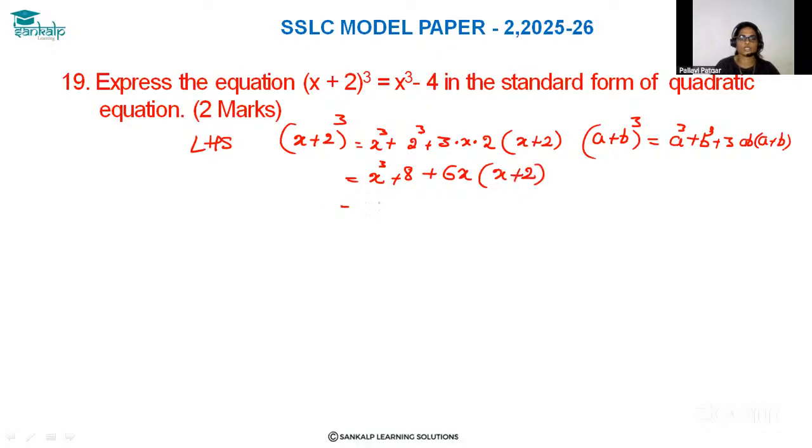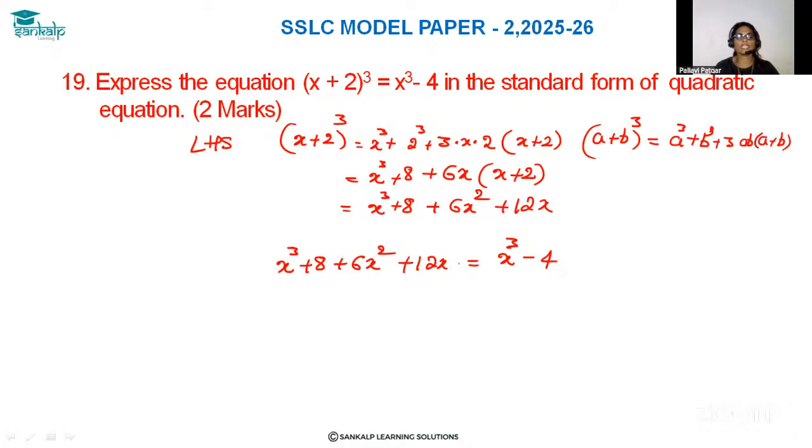So is equal to x cube plus 8 plus 6x square plus 12x. Okay. Now set the expanded LHS equal to the RHS. So we'll get x cube plus 8 plus 6x square plus 12x is equal to the right hand side of the equation, x cube minus 4.